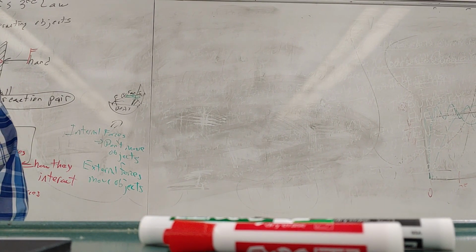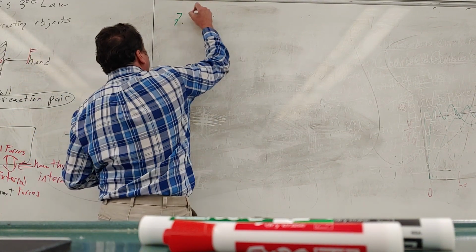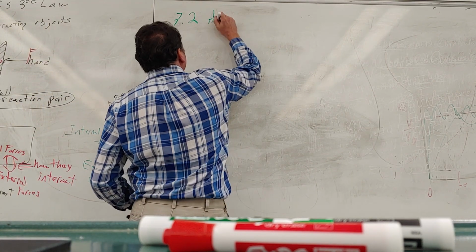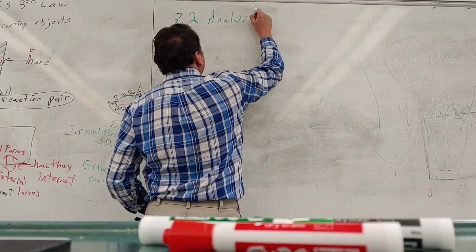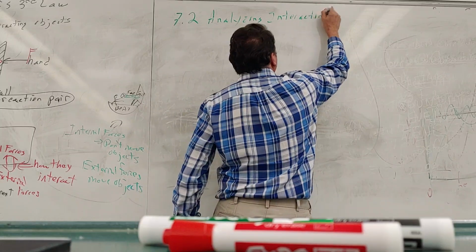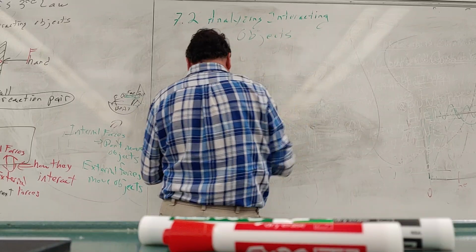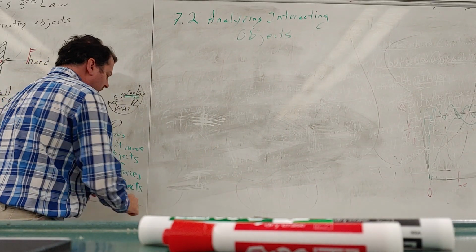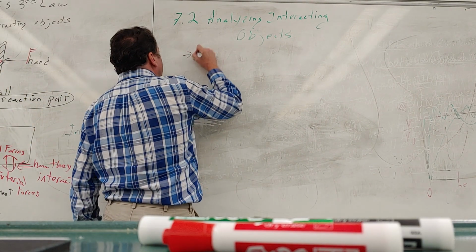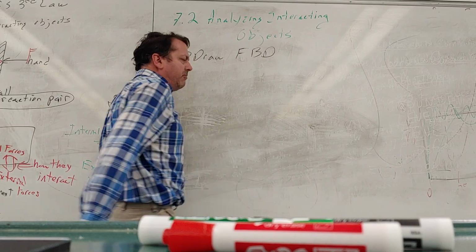Now, for interacting objects, section 7.2 is about analyzing interacting objects. Trying to summarize that, you need to draw free body diagrams.